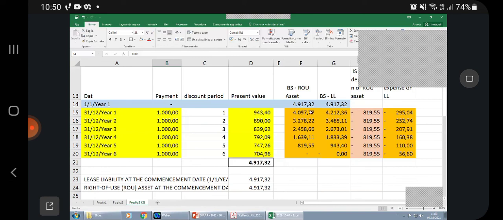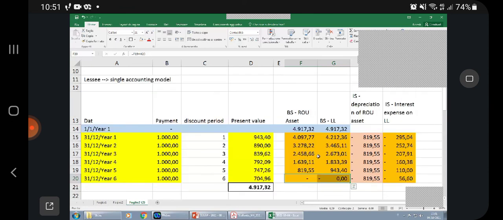They are equal only at the end of the lease term, because only at the end of the lease term, the right of use asset is equal to 0 because it is completely depreciated, and the lease liability is equal to 0 because we do not have any other commitments. Okay? Any questions?